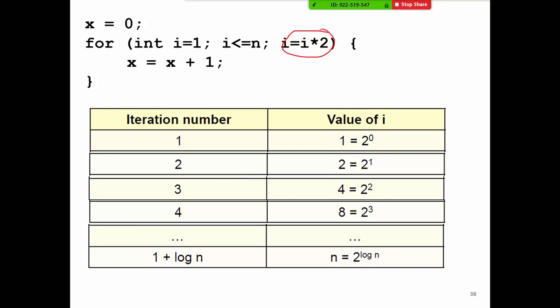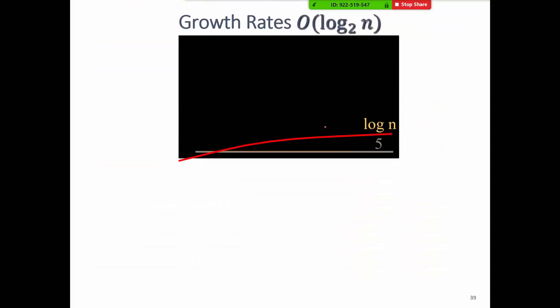You're not going sequentially through i from 1 up to n. So that is equivalent to log of n. So this is an example of a for loop whose running time is logarithmic time complexity.